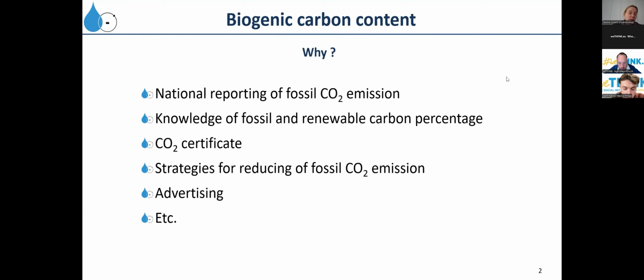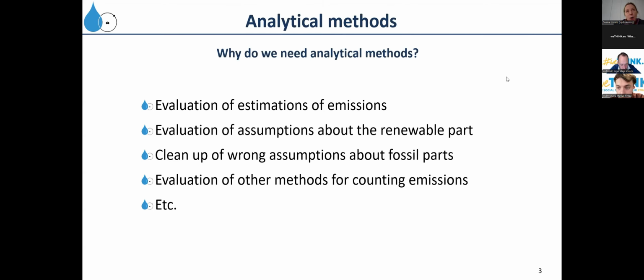Of course, you can use the analytical results for their CO2 certificates, which several industries have to buy. Then the knowledge is very valuable for your strategies for reducing fossil CO2 emissions, and you can use it for advertising, and there are a lot more reasons why you should quantify the fossil CO2 emissions from the renewable.